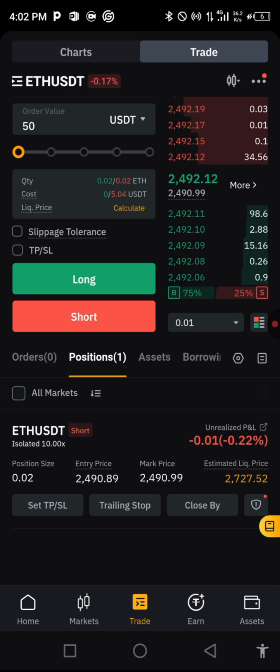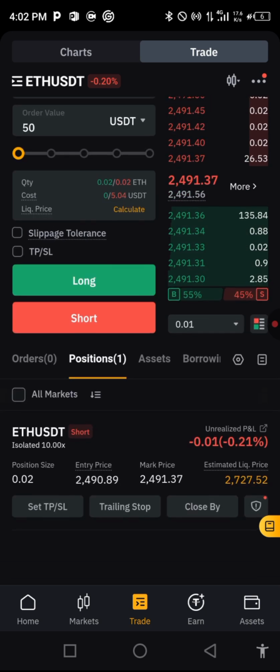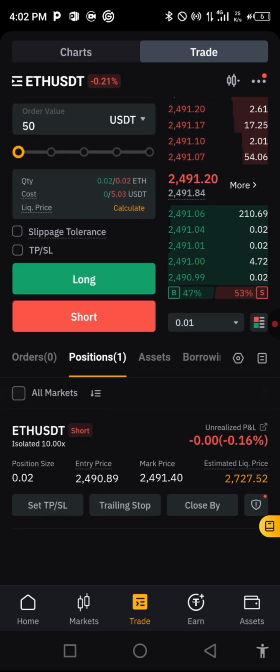Please don't make that mistake of placing a trade and you don't put your stop loss and take profit. Risk management in trading is very, very important, right? In fact, whenever you are trading, please always divide your money into 10 places. Let's assume that you have $100 in your account. Don't trade more than $10 in one trade, please. It's not about getting rich quick, but risk management in trading is very, very important, right?